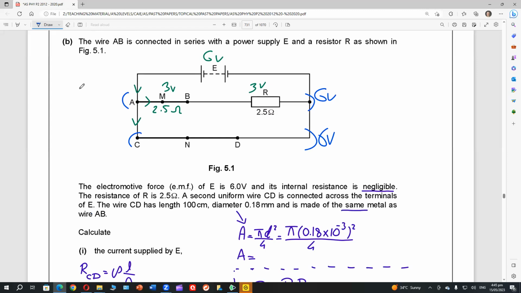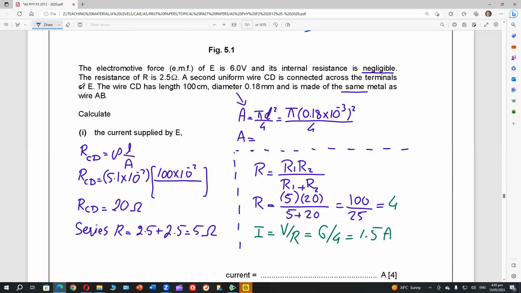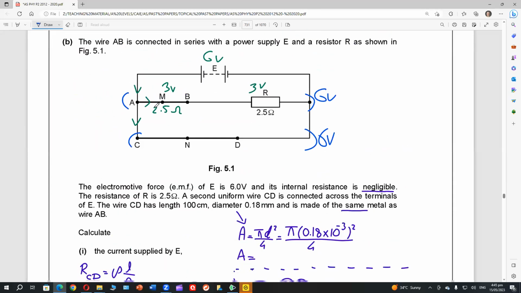CD. Now, what was the voltage CD where I got it? Did I get VCD? It should be 6, right? Because there is no other wire to share.